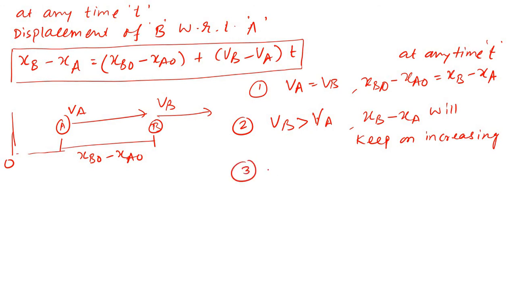And when the velocity of A is greater than the velocity of B, B is the particle which was behind in the motion.